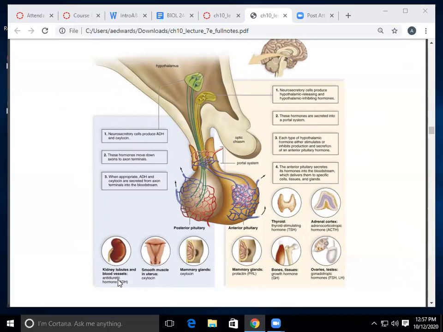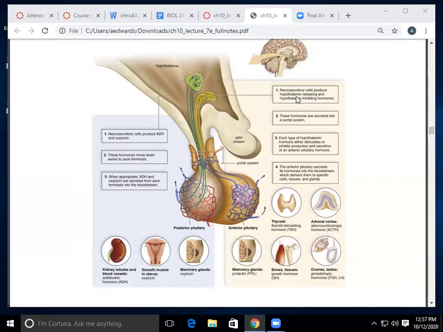All right, here you can see the antidiuretic hormone effects in the kidneys. Oxytocin effects in smooth muscle in the uterus. Oxytocin effects in the mammary glands. All right, for the anterior pituitary, here the neurosecretory cells are going to produce hormones that basically make those hypothalamic hormones release, or they can inhibit them.